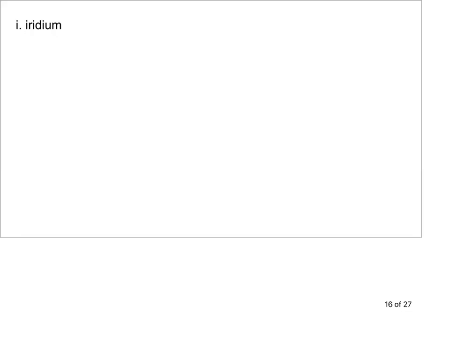Iridium, Ir, element number 77, also in the 6th energy level. So we start with the preceding noble gas, xenon.